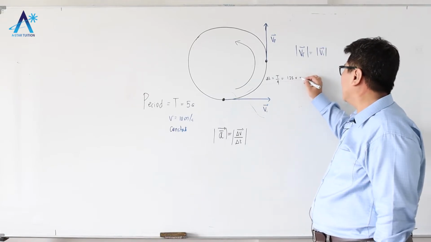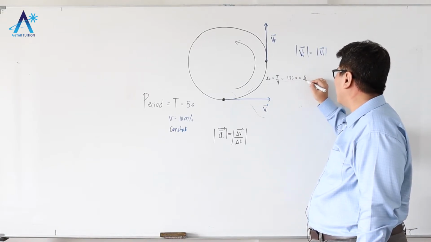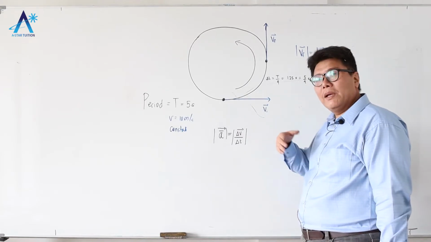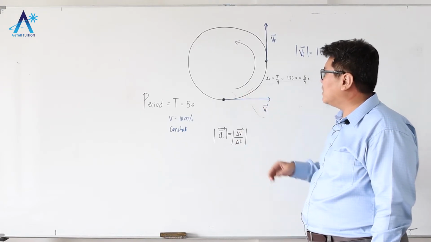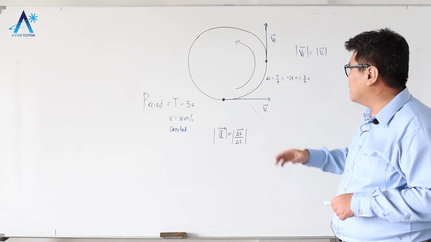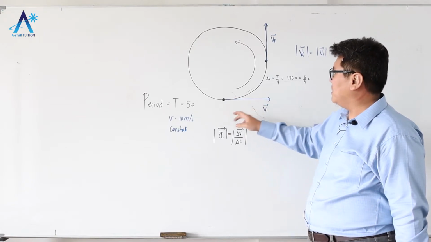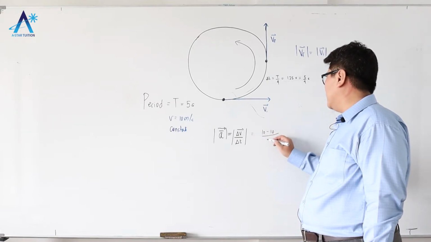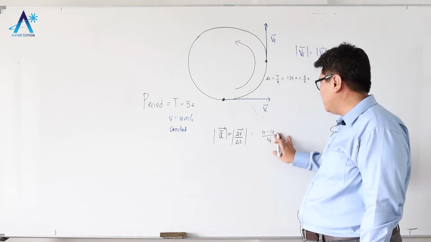Or you can write it in fractional form, 5/4 seconds. Now, as I mentioned earlier, students tend to misunderstand this as, oh, the speed is still 10, so just do 10 minus 10 over 5/4. Now, this is actually not correct.